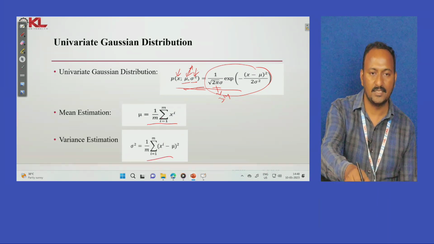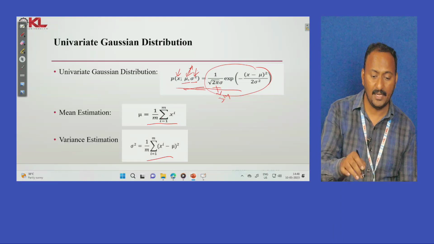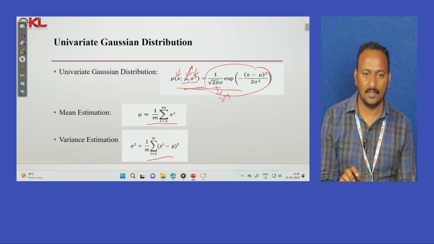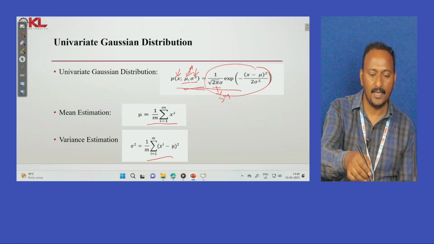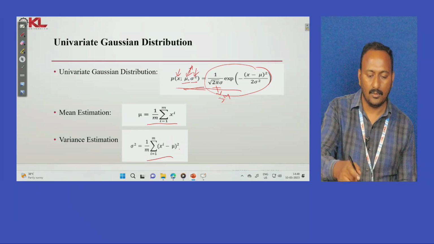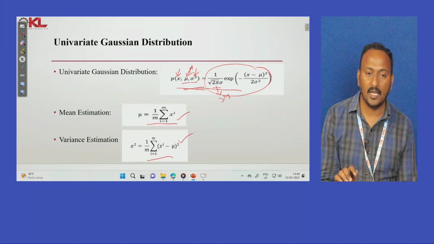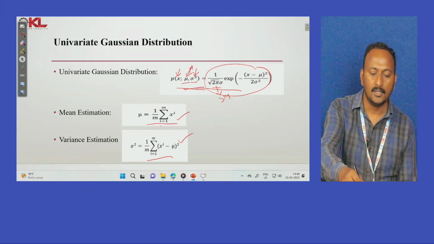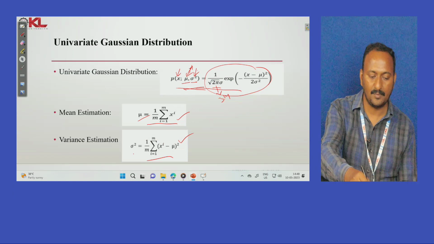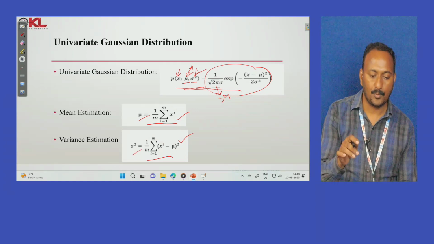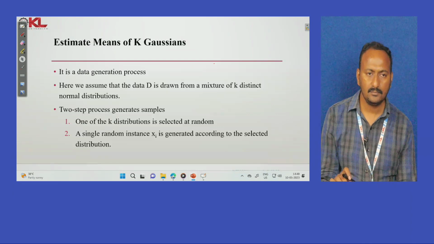The mean formula is sigma xi by m, and the variance formula is sigma (xi minus mu) whole square by m. These two values are calculated with the help of the available sample data. After calculating the mean estimation and variance estimation, we simply find the probability density function.